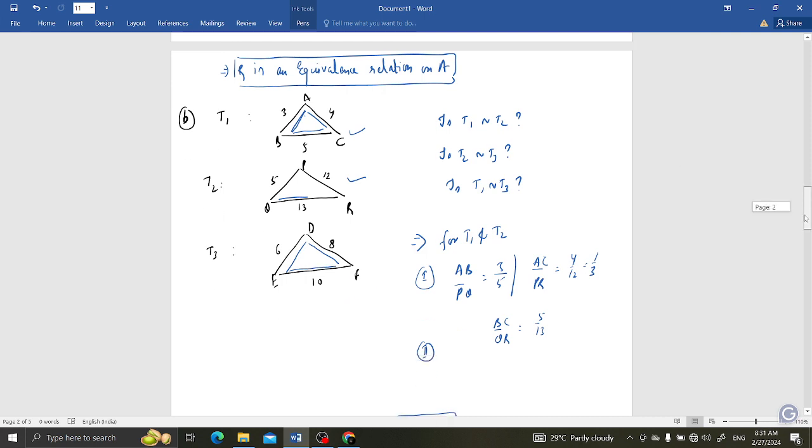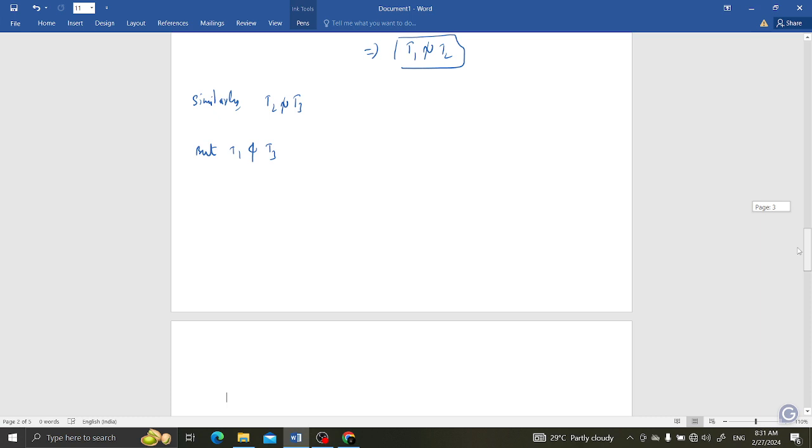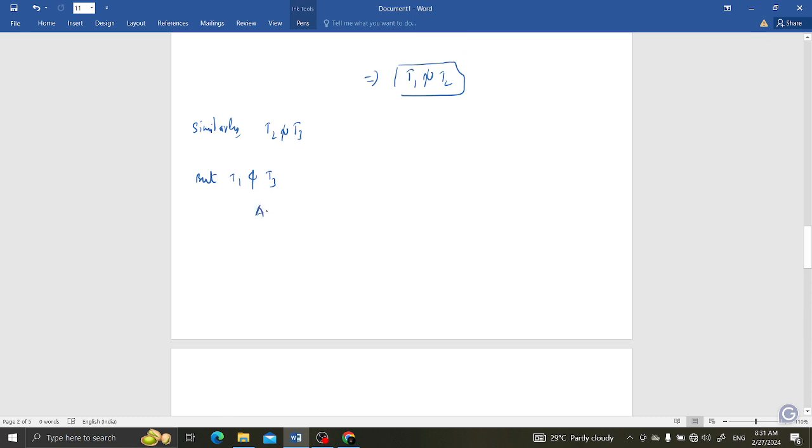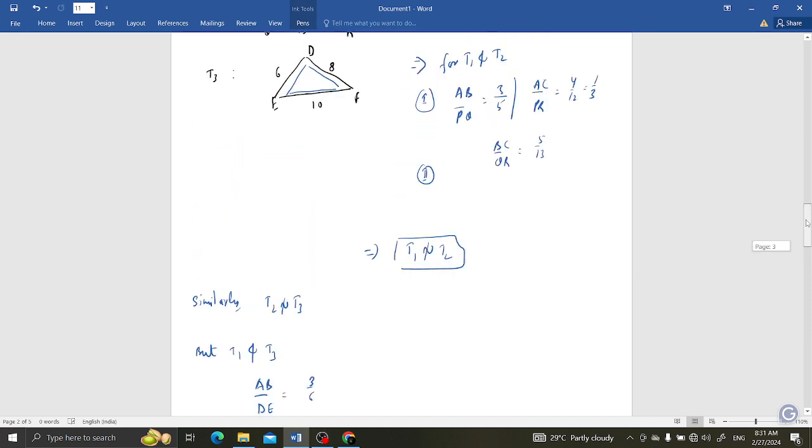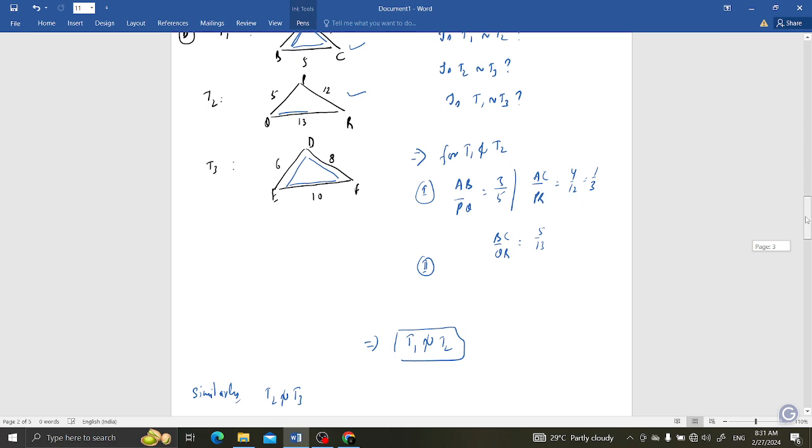What do we have? See here, AB upon DE, that is 3 upon 6.